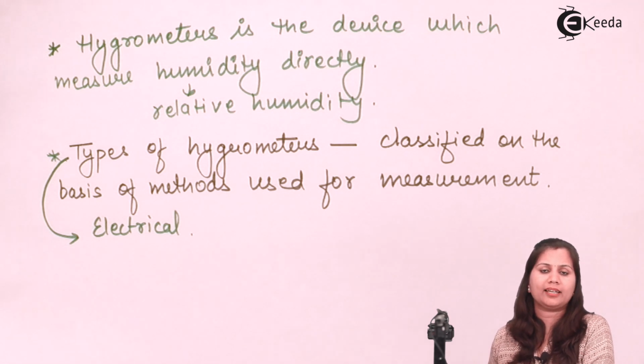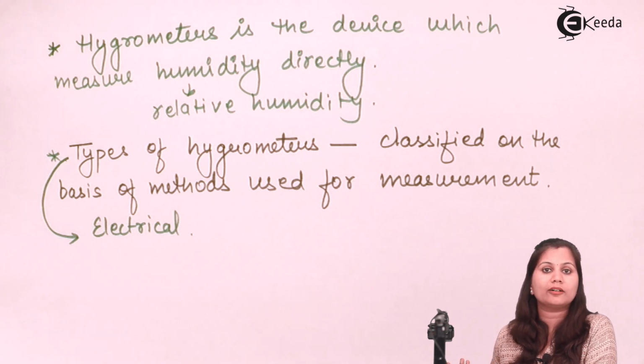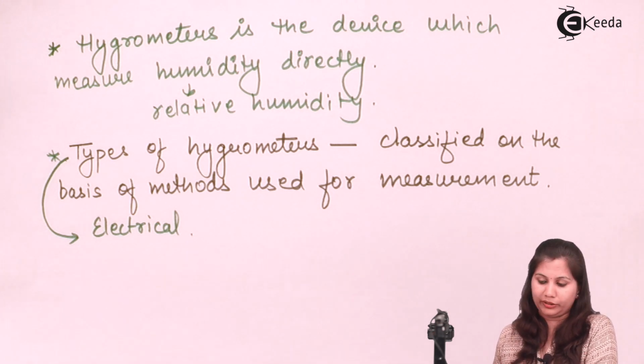So we can say that they are a type of transducer also, which converts a non-electrical quantity into an electrical quantity. Humidity is a non-electrical quantity, and that is converted into an electrical quantity.